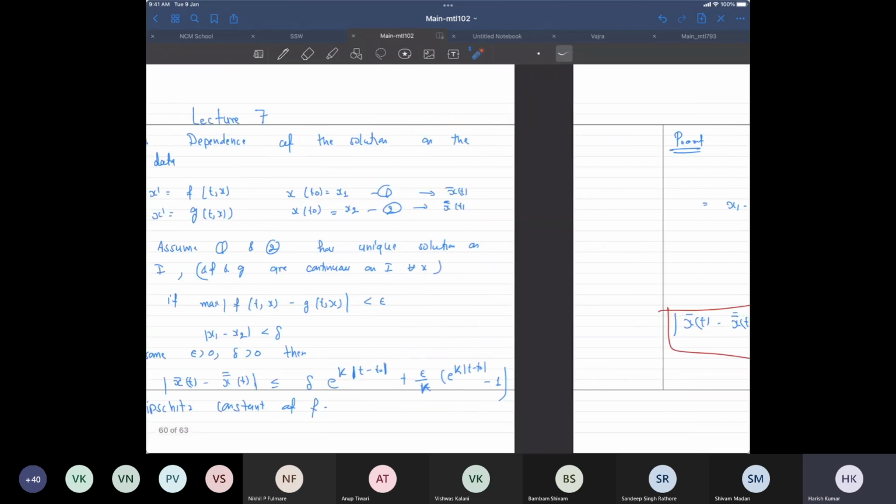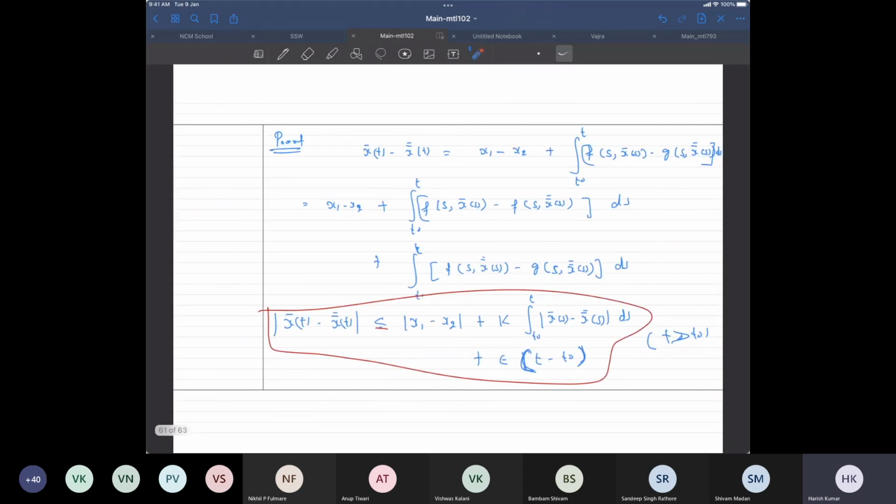All right. So you're trying to prove this result, and we again started with the integral form of the equation. So we looked at these two solutions. This is the solution with respect to f. This is the solution with respect to g. And the initial condition for this is x1. Initial condition for this is x2. Okay. So basically we looked at the integral form of this and subtracted one from the other. Then we got this integral relation for the difference.